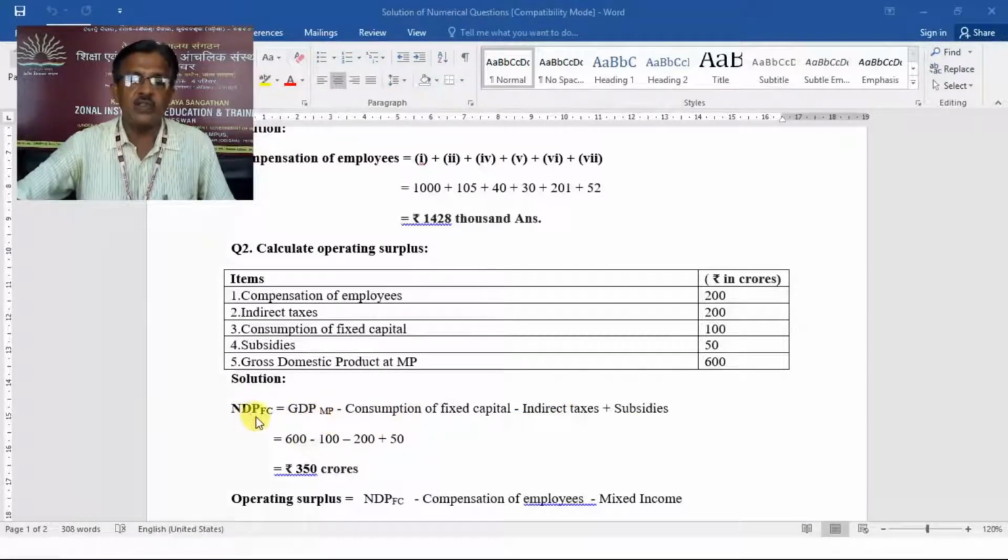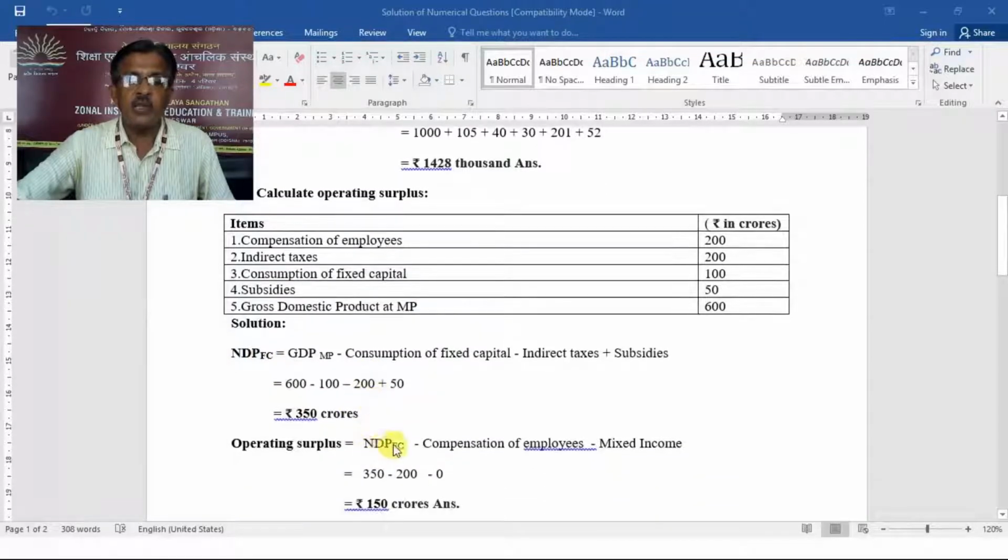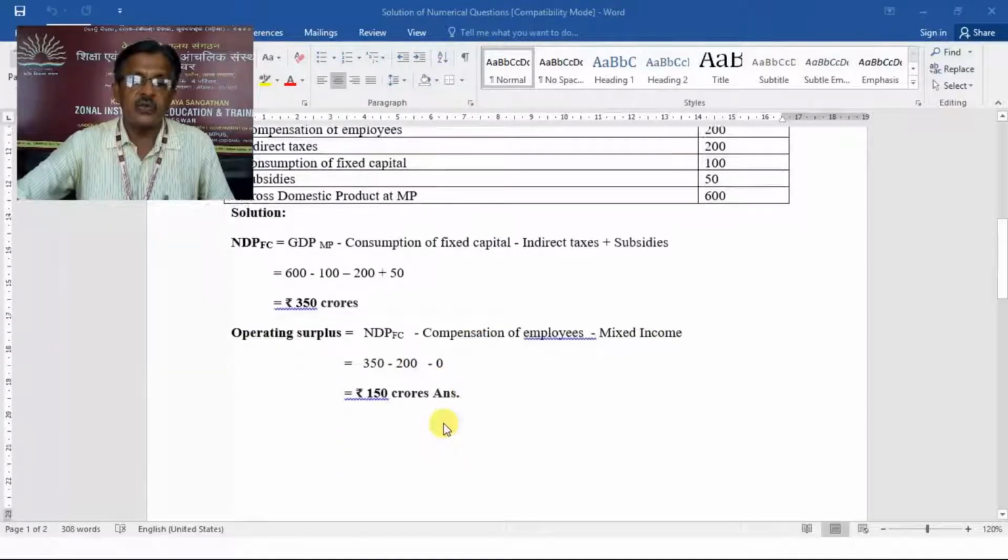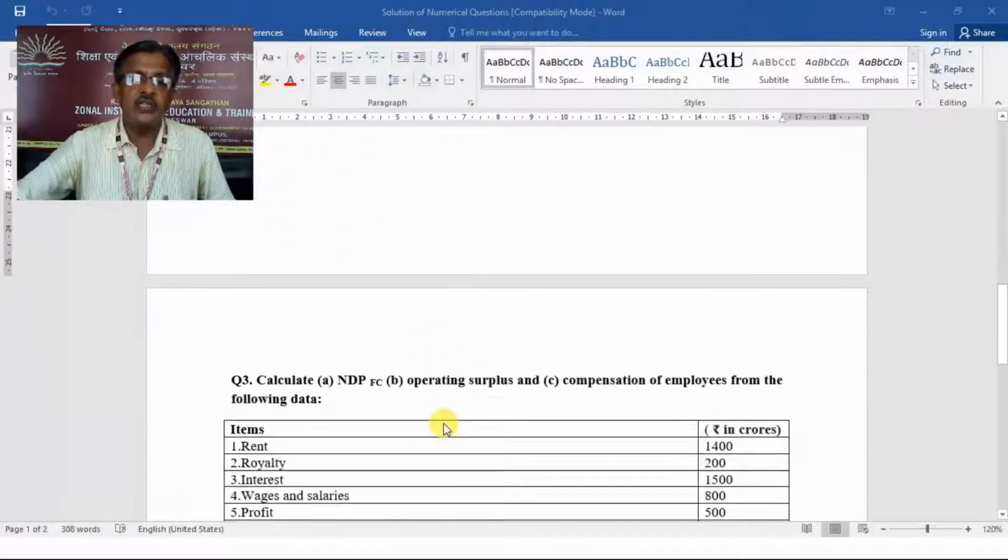So NDP at factor cost is arrived at. After you arrive at the NDP at factor cost, the operating surplus will be found out in this question. So NDP at factor cost minus compensation of employees minus mixed income is equal to operating surplus. So this is the way to get the answer.